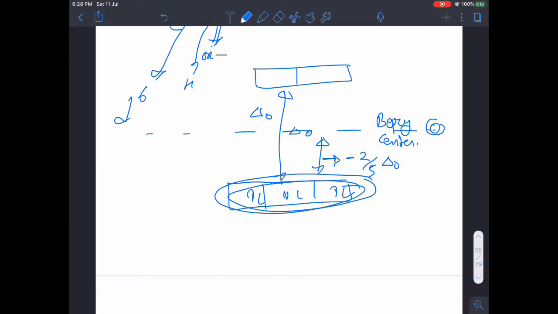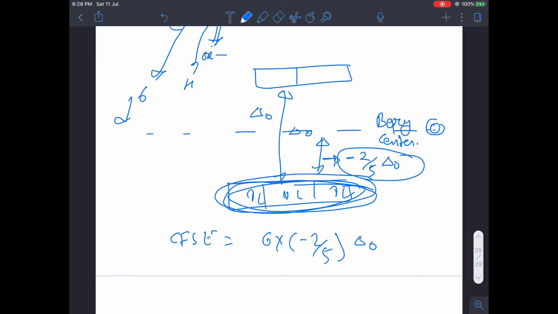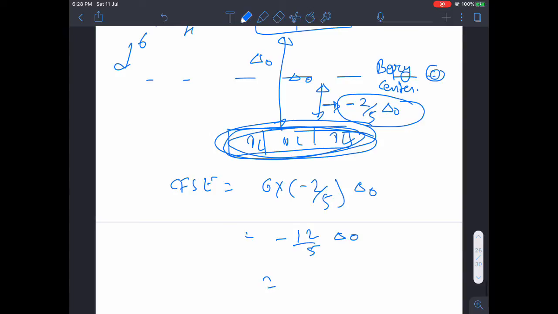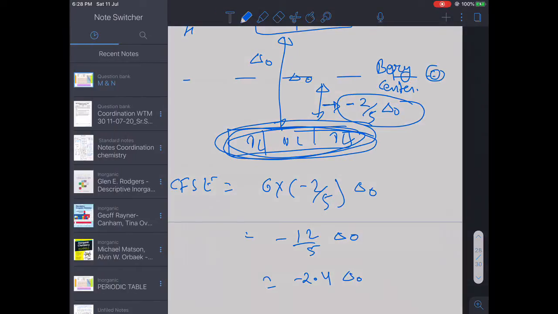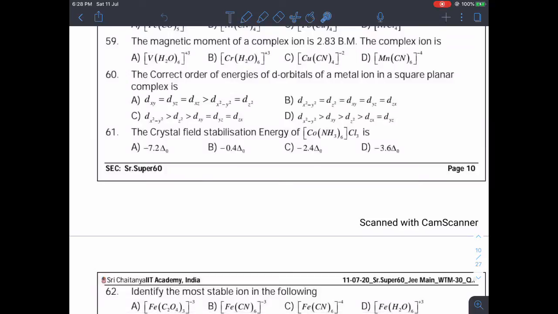Total 6 electrons. So CFSE will be equal to the number of electrons multiplied by the energy associated with them. So 6 into minus 2 by 5 delta O, total is 12 by 5 delta O. So this will be nothing but 2.4 delta O with a negative sign. So the correct answer here will be this one.